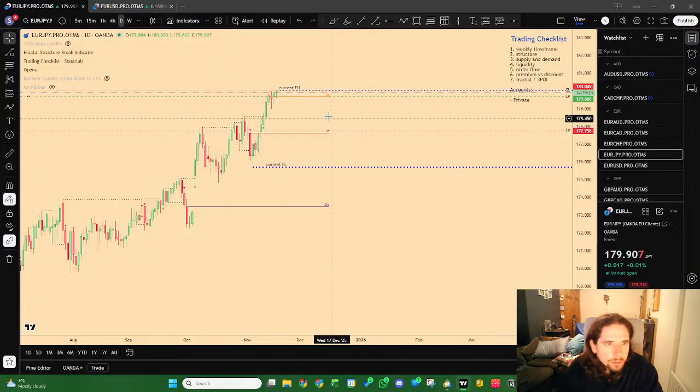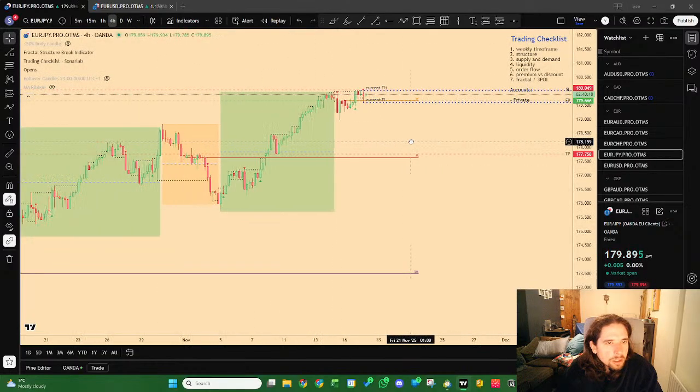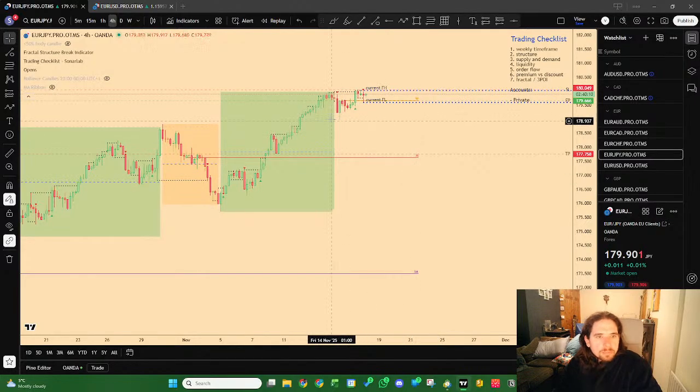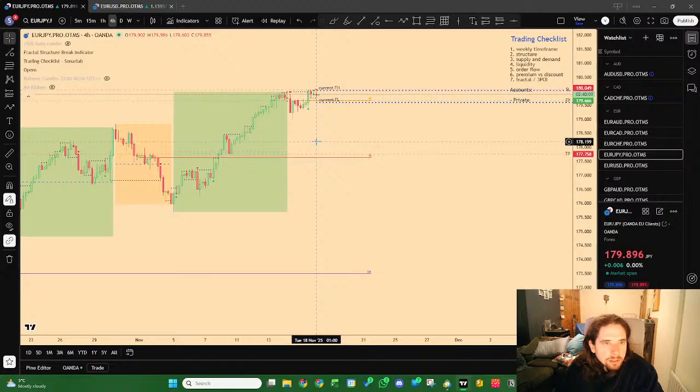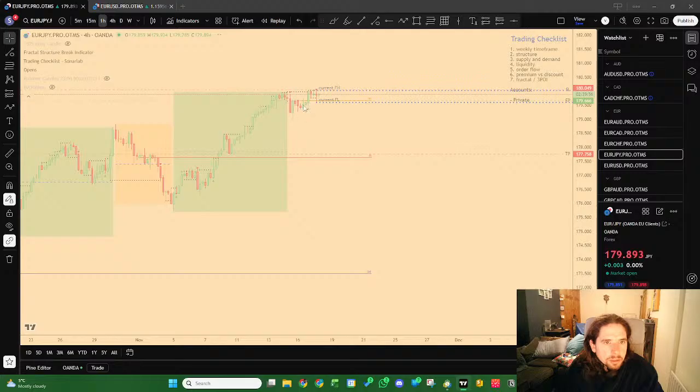So even though it could come down to this monthly area, you don't know how far it's going to go up before it comes down. So it's building a lot of liquidity here. It will come down at some point, but we just don't know at what point, and that's the tricky part.